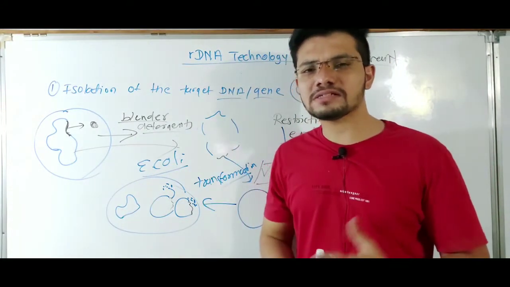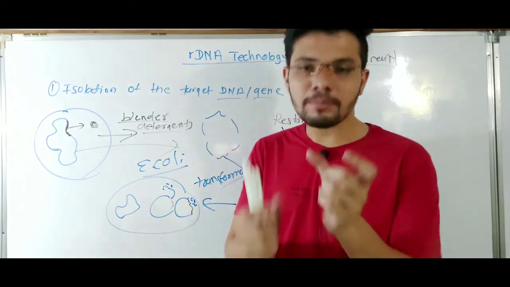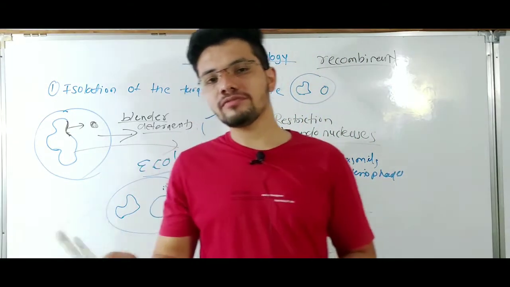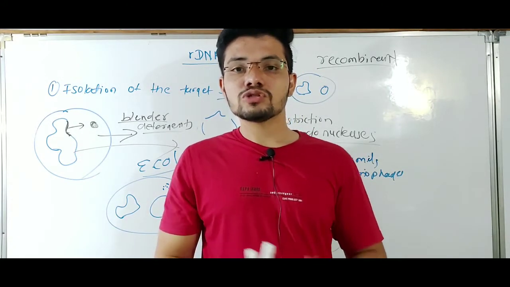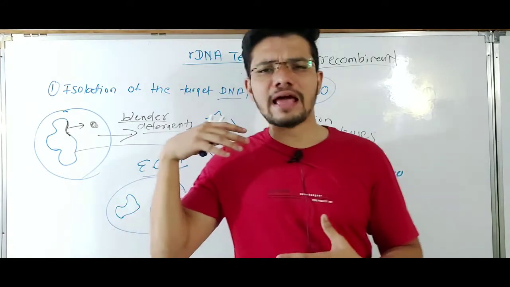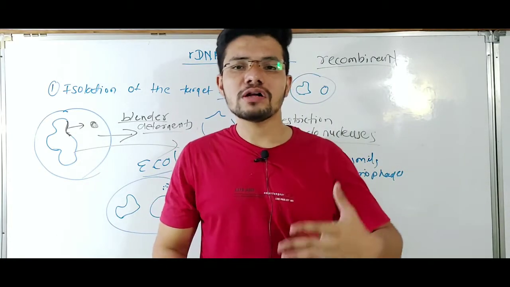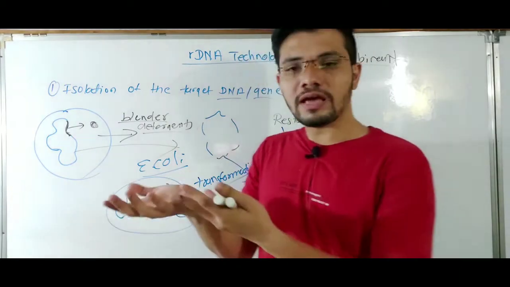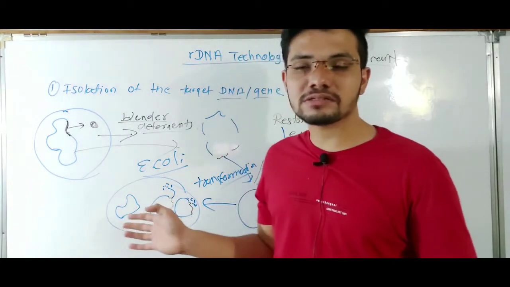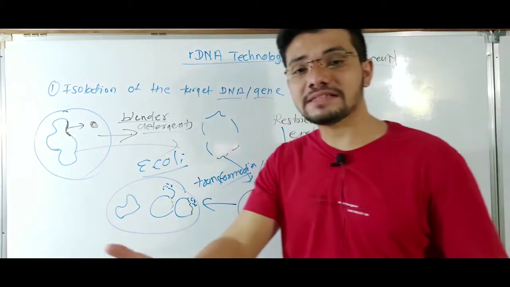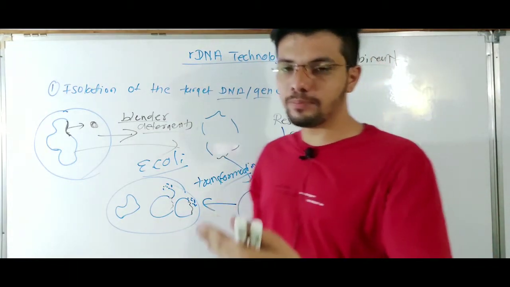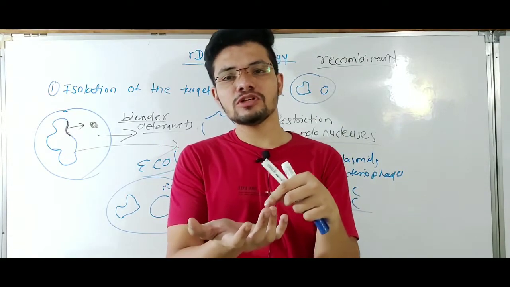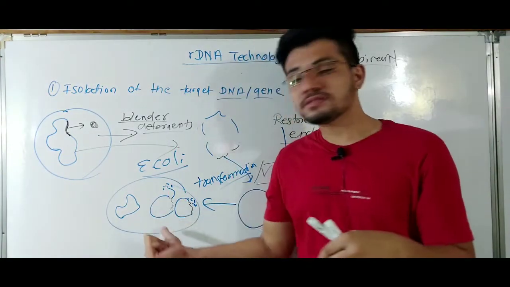For those screening methods, we use marker genes to recognize which cells are transformed and which are not. Those marker genes can be ampicillin resistance genes or other antibiotic resistance genes. What we are going to do is cultivate the same bacteria in a Petri plate containing the antibiotic ampicillin.